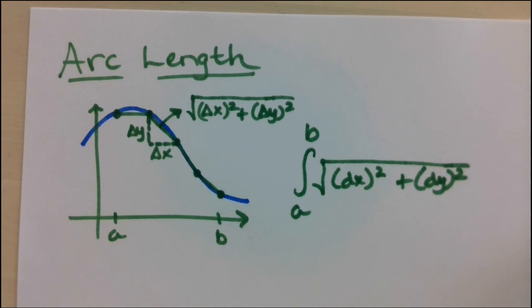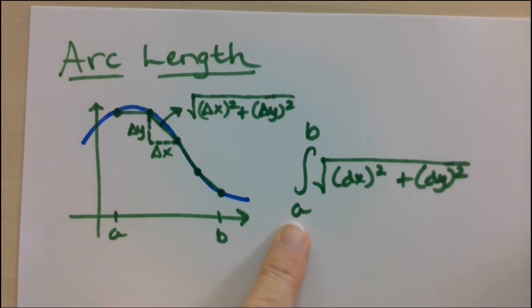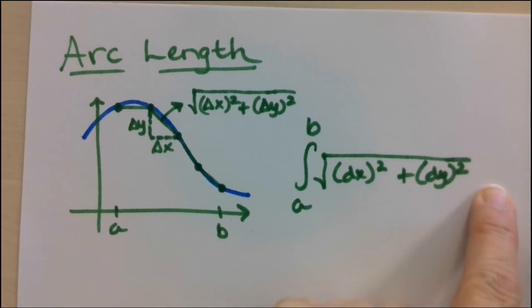And when we look at that, it seems pretty simple. But maybe you're noticing that on our integral here, there's something missing. We really need a dx out here on the end to close off our integral.